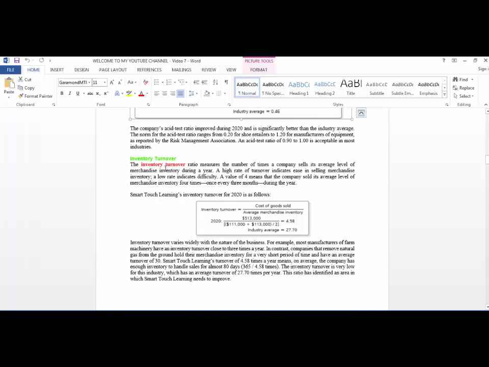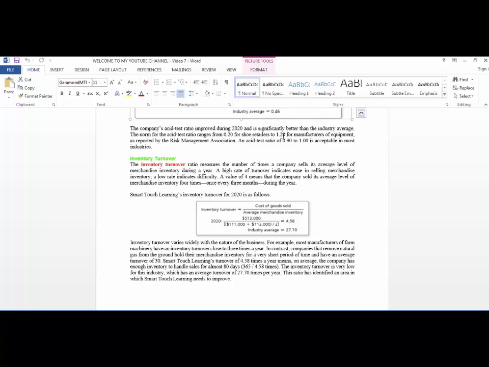Inventory turnover ratio measures the number of times the company can sell its average level of merchant inventory during a year. If the ratio is higher, it indicates the company can sell its merchandise inventory easily. If the ratio is lower, it indicates a difficulty selling its merchandise inventory. The formula is inventory turnover equal to cost of goods sold divided by average merchant inventory.